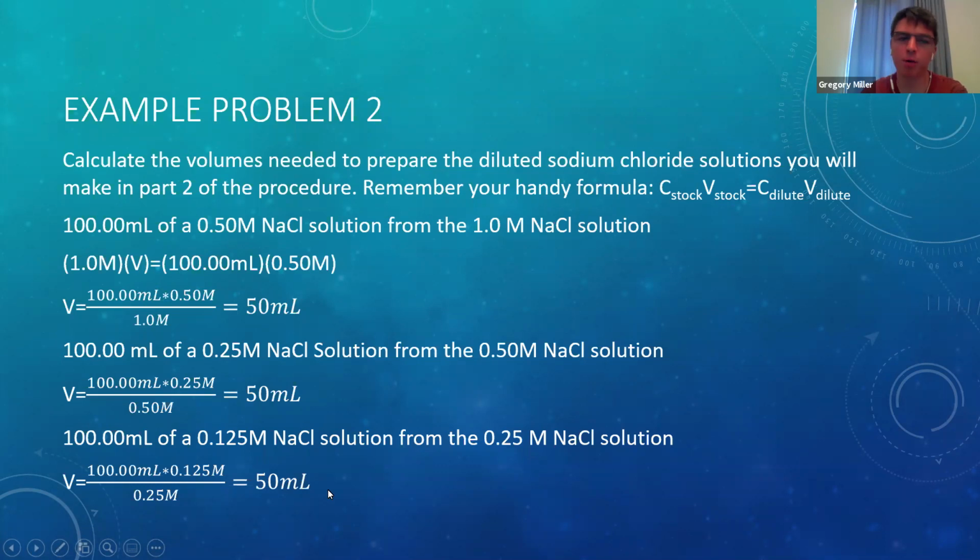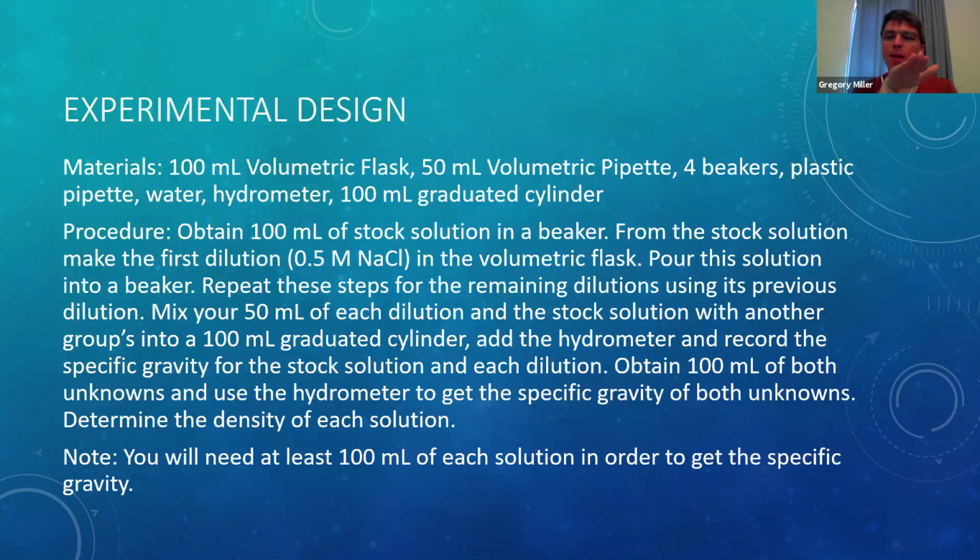So what you'll see Katie do is she'll take the stock solution, take 50 milliliters from that, put it in a volumetric flask, fill it up. And that's actually what this experimental design is. And that's your 0.5 molar solution. Once you've made your solution, as long as you don't add any more NaCl or water, that concentration is constant. So you can dump that into a beaker, which is a whole lot easier to try and get more volume out of to make your next solution than out of a volumetric flask.